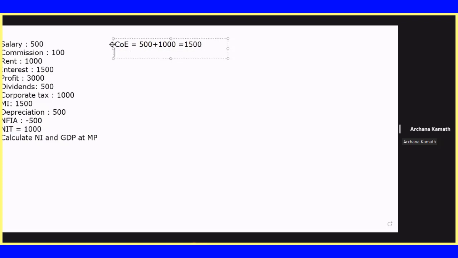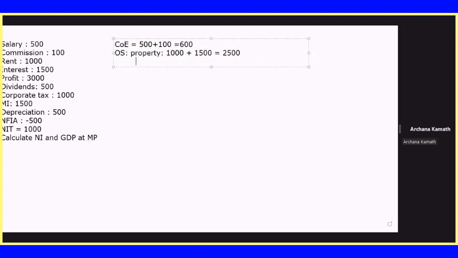Commission of 100. Second one is operating surplus. We have two categories here. One is from property, which is bifurcated into rent as 1,000 and interest as 1,500, which equals 2,500 as your income from property.